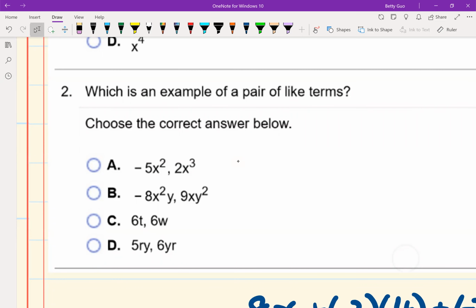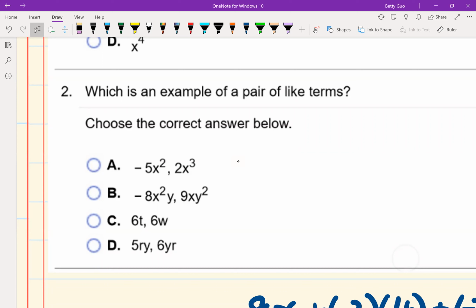Part B, are they like terms? Yes or no? Looks similar, right? But not the same. Because this is x squared y, this is xy squared, so no. What about C? 6T and 6W. Do they have the same variable part? Of course not. This one has T, this one has W. They are two totally different variables.